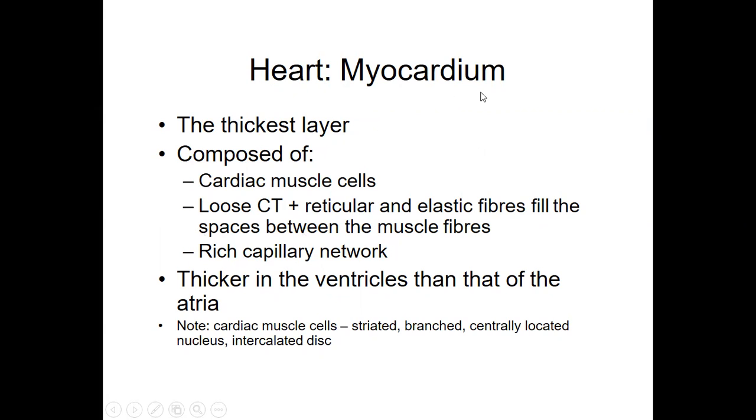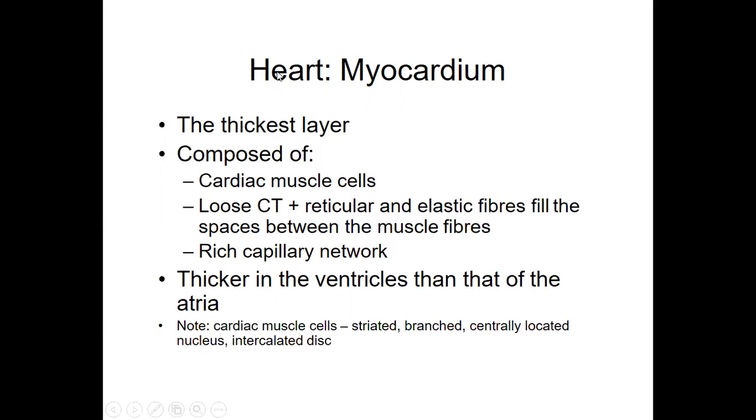The heart needs to contract continuously, otherwise it cannot function well. So the myocardium needs a good blood supply, because it needs continuous contraction, and so it needs a rich capillary network.